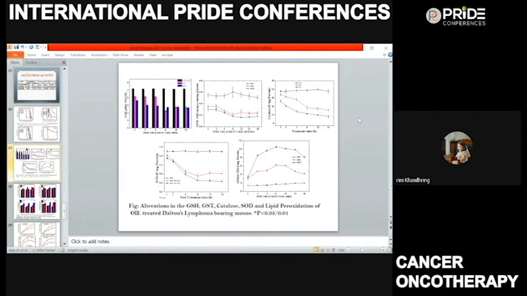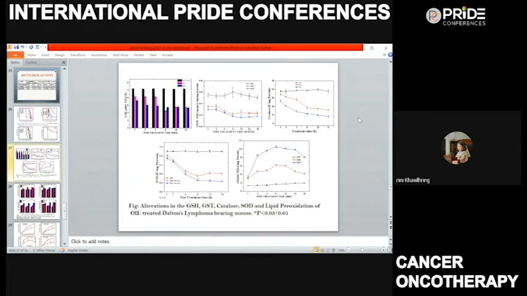And these are the alterations in the different endogenous enzymes of the Dalton's lymphoma. These are important because these enzymes, even though they are very helpful for us, can contribute to chemoresistance. So this Oroxylum has the ability to reduce these enzymes and increase the lipid peroxidation in the treated lymphoma cells, which is similar to the standard, the positive control, which was the doxorubicin group.